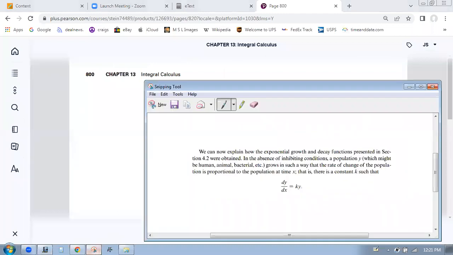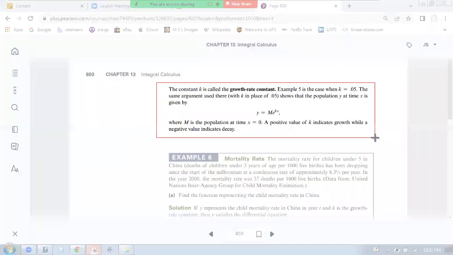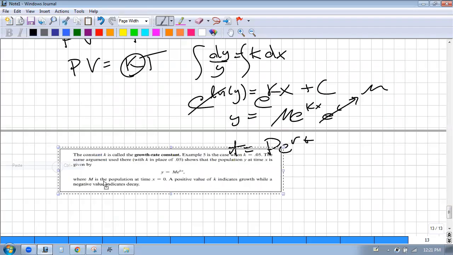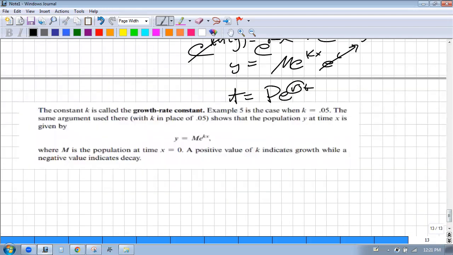It's called the growth rate constant. Usually in finance, you use R. You always use R in finance, but otherwise you use K, because R in finance is always an annual nominal rate. In finance, R is interest yearly; the time is based in years.